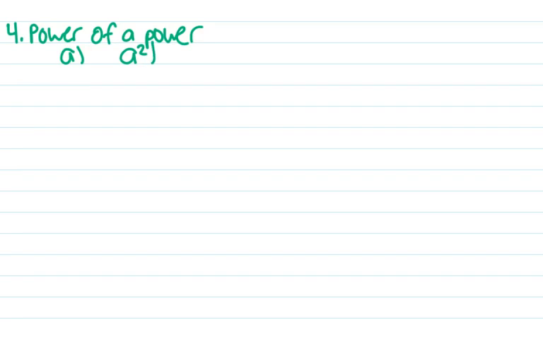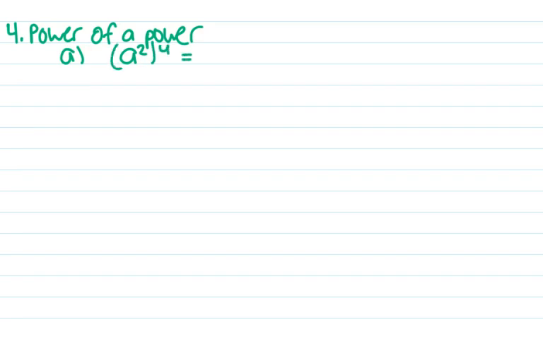The fourth rule is the power of a power rule. So I'm going to split this up into a, b, and c. So the first one is a squared, all to the power of 4.